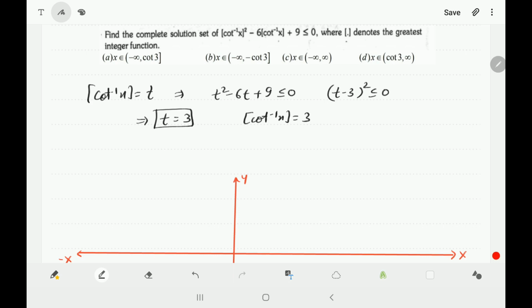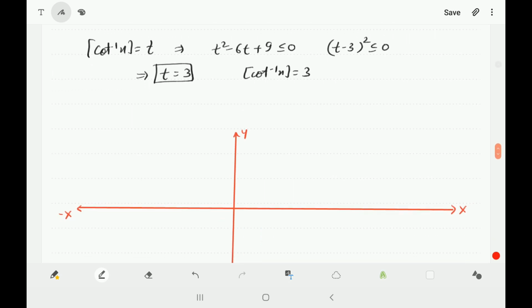Now we have to draw the graph of cot inverse x, from where we can take the greatest integer of the function. We can easily see for what values of x the greatest integer of cot inverse x is 3. The range of cot inverse x we already know is from 0 to pi. I'll just be drawing the graph now, 0 to pi.